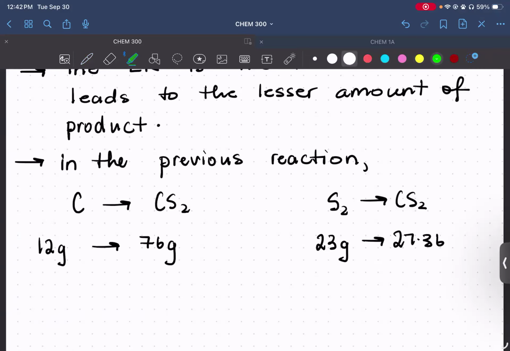We had already previously identified the 27.36 as the theoretical yield, aka the lesser amount of product.